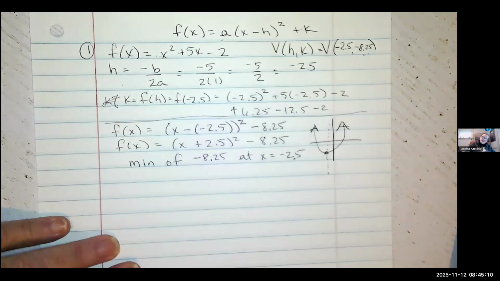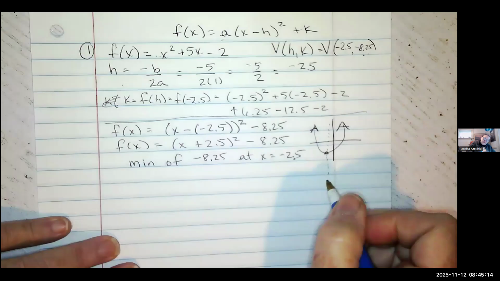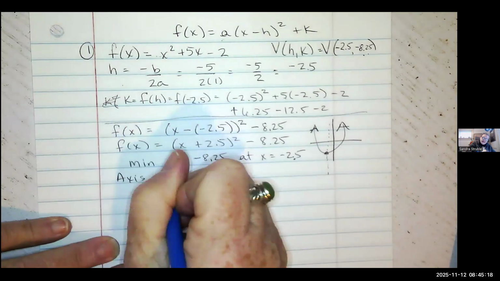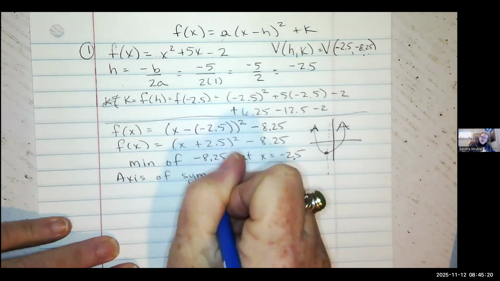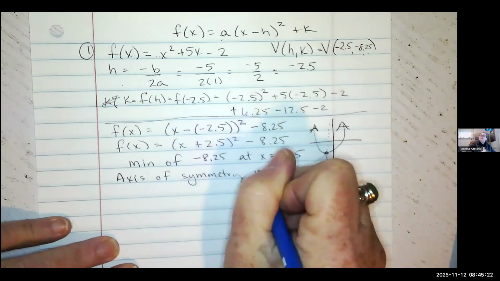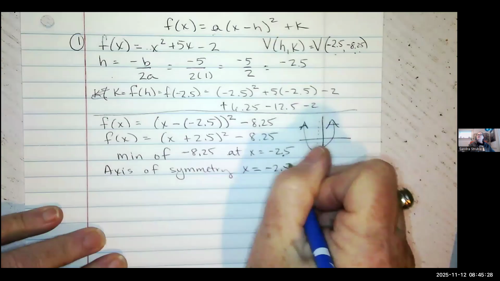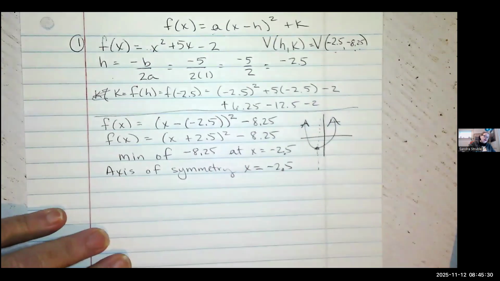So the axis of symmetry has to be written as x equals whatever the h is for your vertex. If you just write negative 2.5, I'm going to think you have no clue what you're talking about. Okay, so put the x equals.